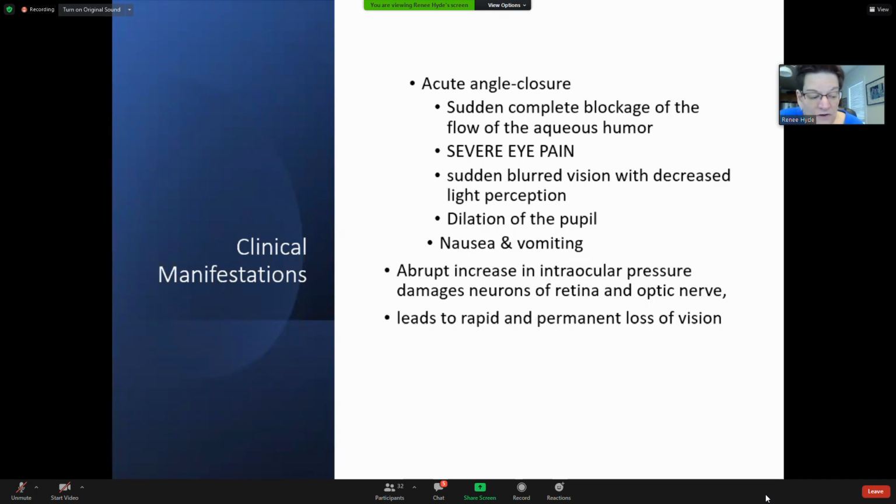Along with that severe eye pain, headache, and nausea and vomiting are not uncommon because the pain is so intense. What happens is that because of that very abrupt increase, it damages the neurons of the retina and the optic nerve, and it can lead to rapid permanent loss of vision.